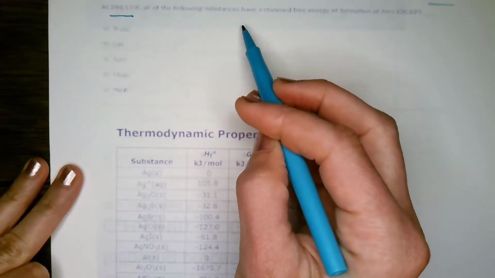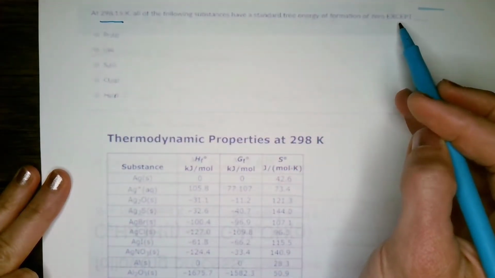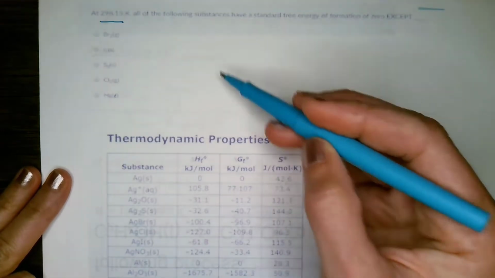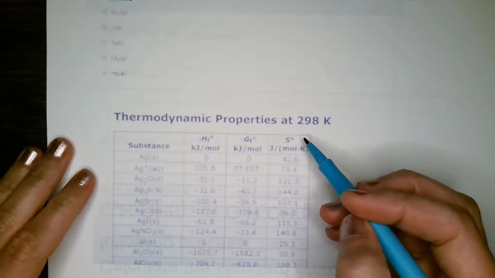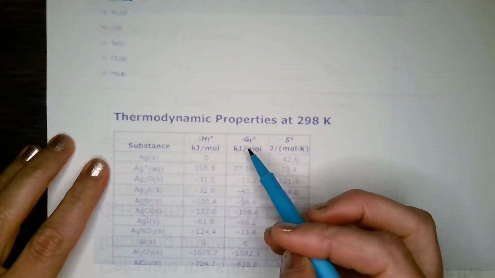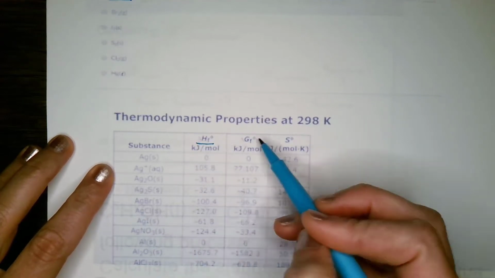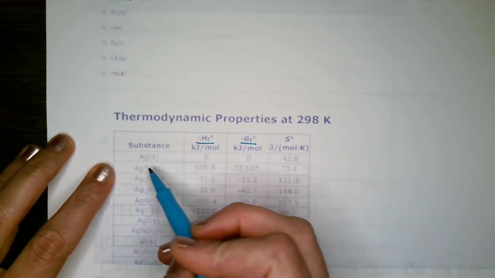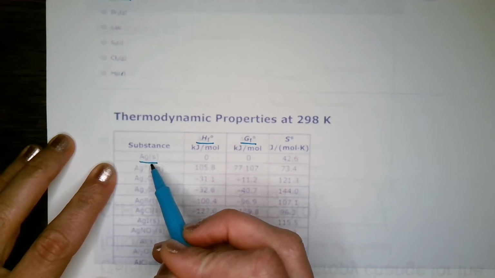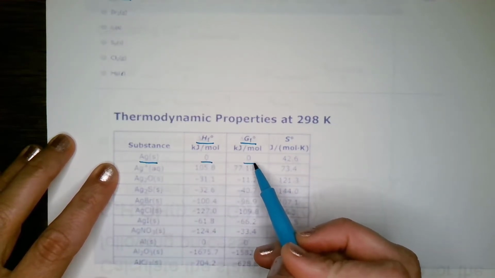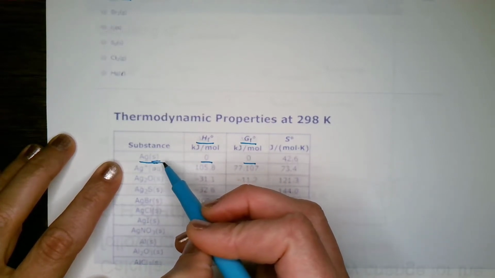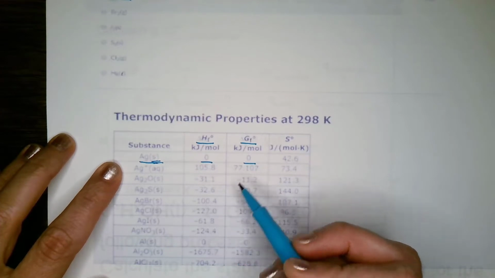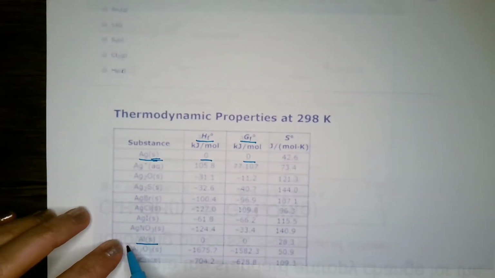So here's an example of an old test question. At 298.15 Kelvin, all the following substances have standard free energy of formation of 0 except who? Now, when we look at our thermodynamic properties chart, for enthalpy and free energy values, the substances have zeros, as we talked about last unit, if they're in the state that they are found in naturally.